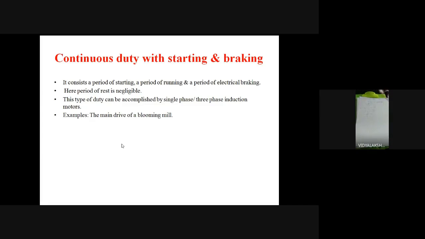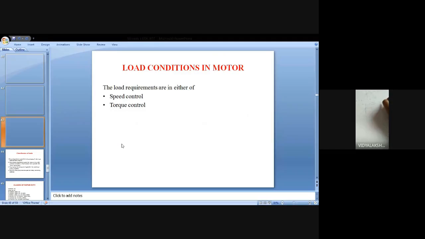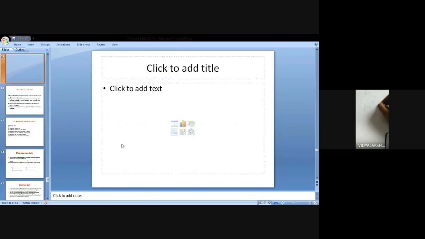Examples for this type of load are the fan, rotary pumps, compressor, and ship propellers.